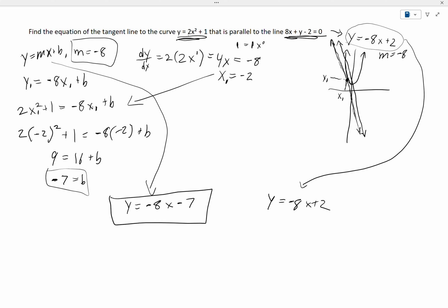That's because they're parallel to each other. You can see it shifted down a little bit. Just from our drawing here, yeah, it is shifted down a little bit. -7 seems like it's a really long way down from the drawing that I made here, but this drawing isn't to scale at all. So the fact that it is shifted down, though, is a good sign that this is the right answer.